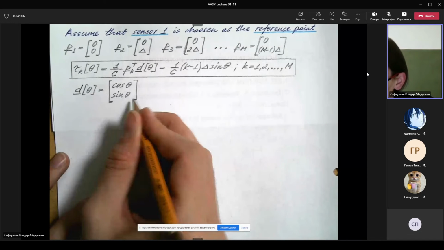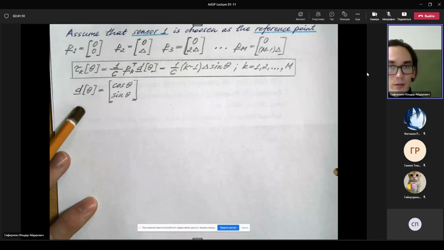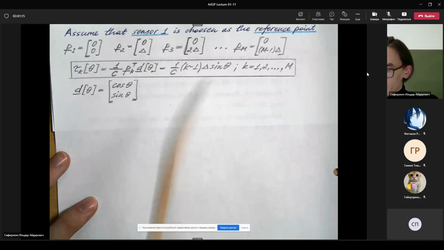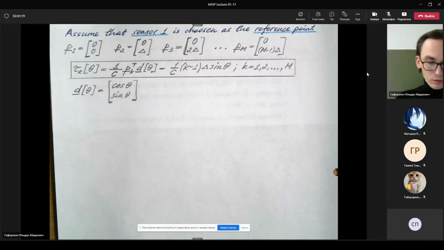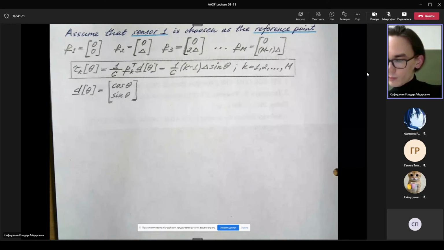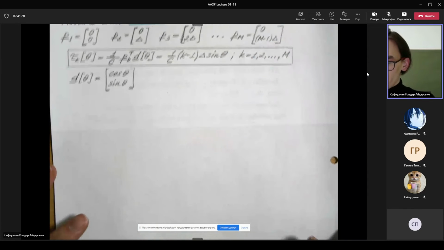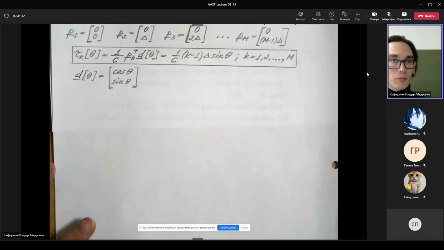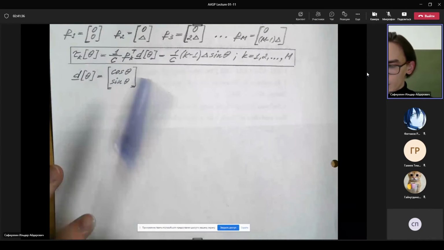Then you can see that if you multiply P1 transposed with this D, you will have this thing. And of course, for the reference point, in this case sensor 1, we will have 0, because both elements here are 0 for x and y.